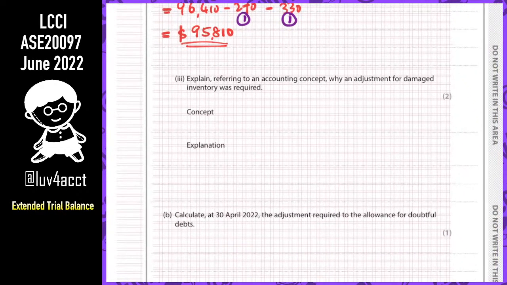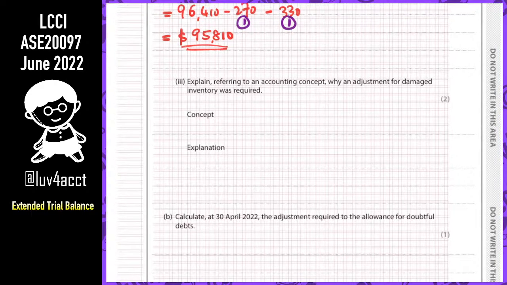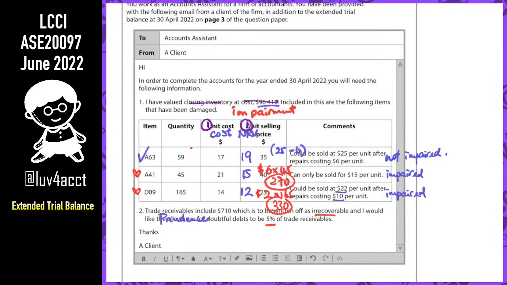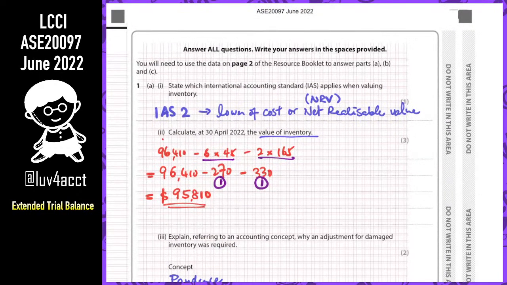So next one, explain, referring to an accounting concept, why an adjustment for damaged goods was required. So the concept, we have several concepts that are needed in level 3, and for inventory it would be prudence. Just now we have the lower of cost or NRV.